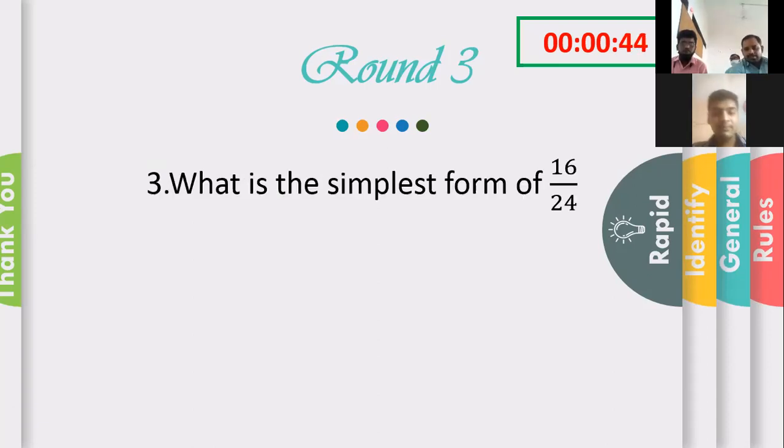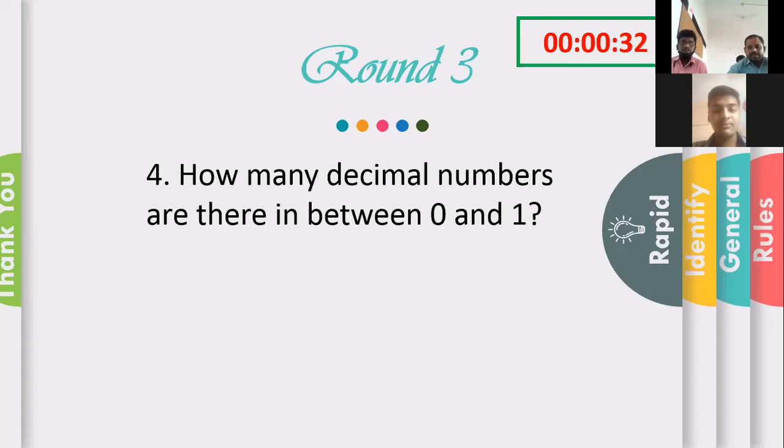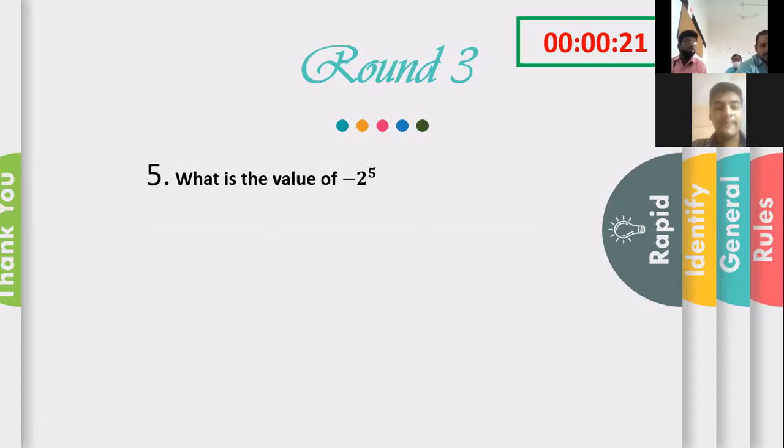What is the simplest form of 16 by 24? 2 by 3. Correct. How many decimal numbers are there in between 0 and 1? Sir, 1. False. What is the value of minus 2 raised to 5? Minus 32. Correct.